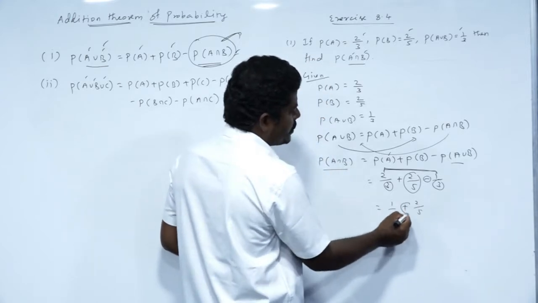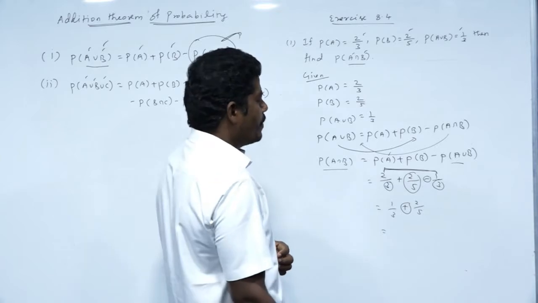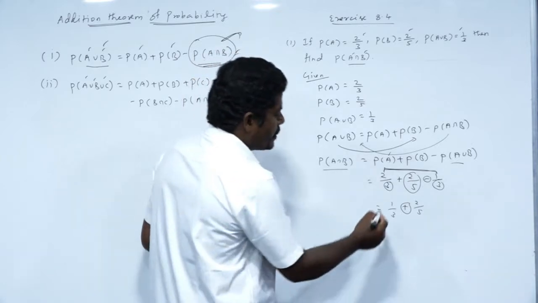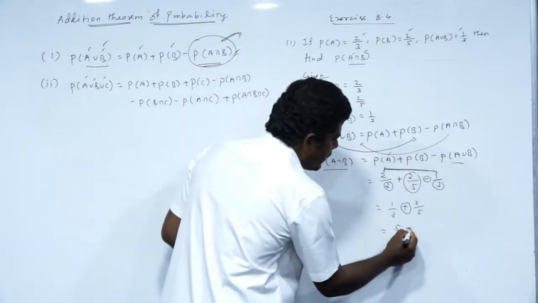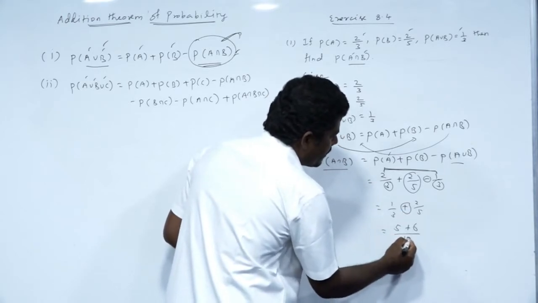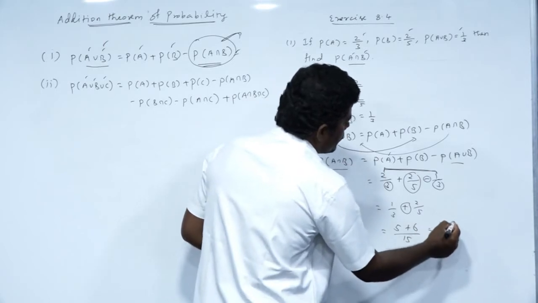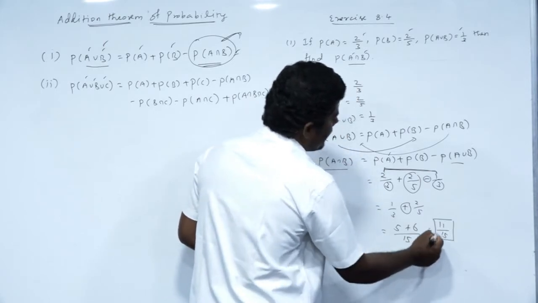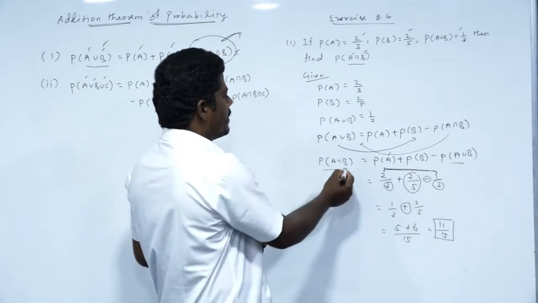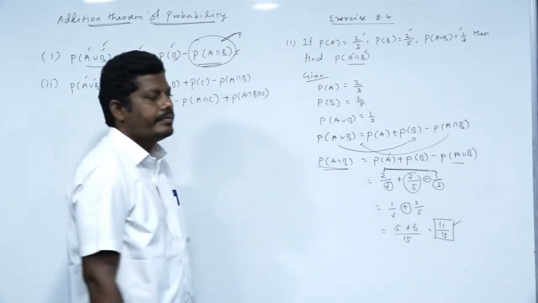Now we want to add these two fractions. Denominators are not the same, so we do cross multiplication. 1 fives are 5 plus 3 twos are 6, divided by 3 fives are 15. Now we get 5 plus 6, 11 divided by 15. So the required answer is 11 divided by 15. That means probability of A intersection B is 11 divided by 15.